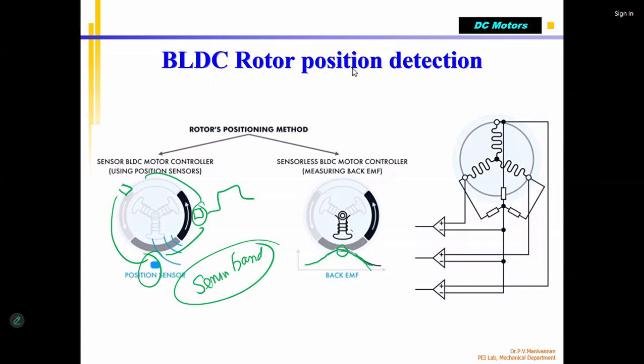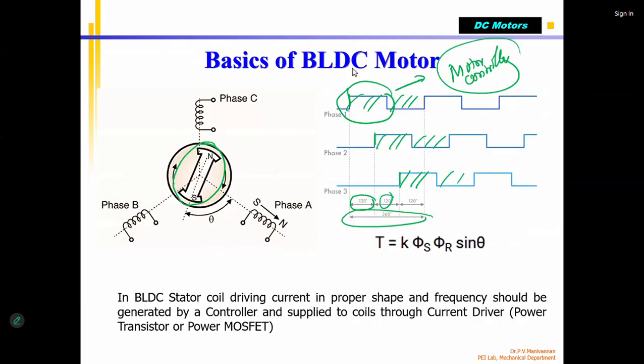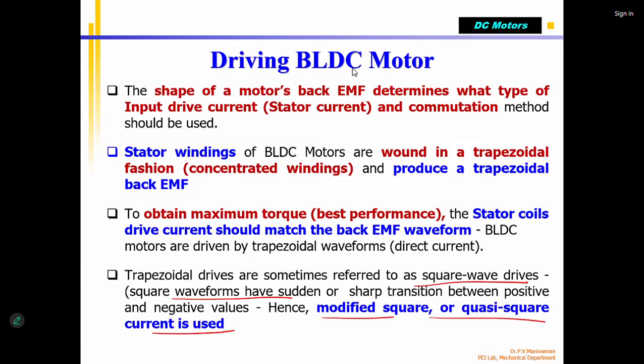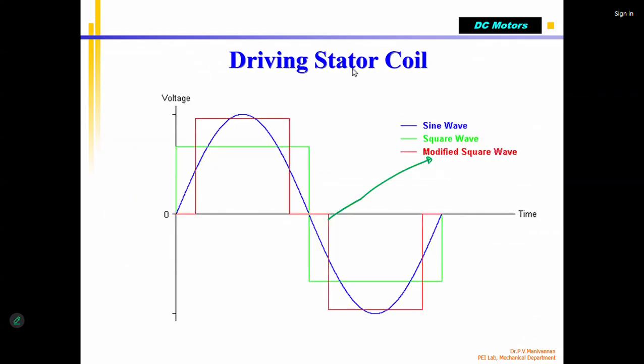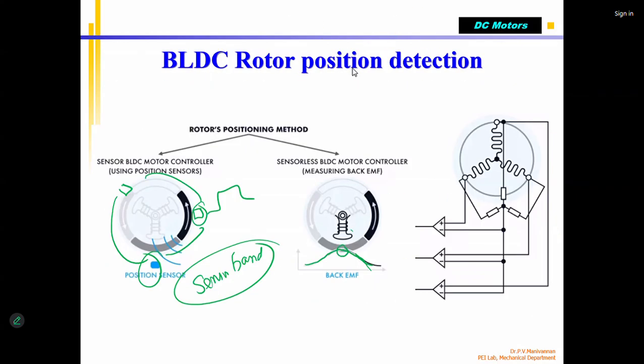When the rotor aligns exactly with the stator, the back EMF will be maximum. Sorry, this is back EMF based. So that means I don't need a Hall effect sensor. You can see the back EMF increases and is maximum when exactly aligned. That means I know the rotor has come to the center position.